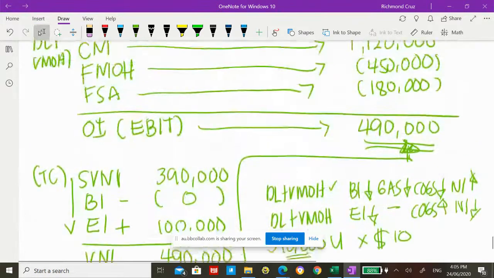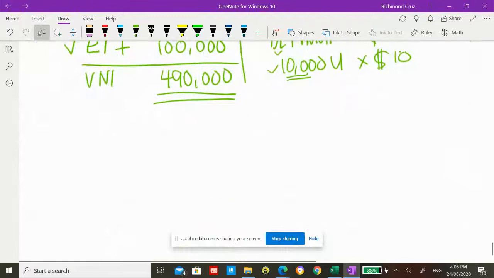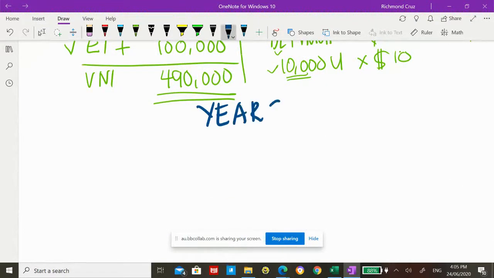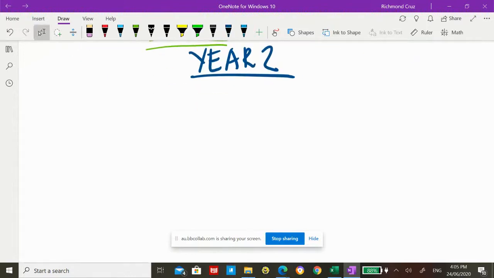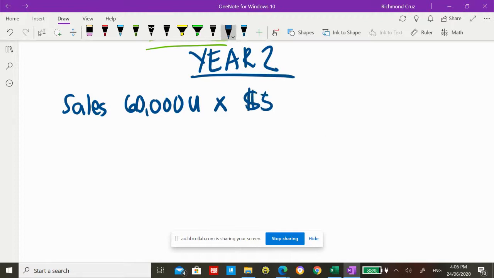Okay, next. For year 2, we have sales again, and this is 60,000 units multiplied by the selling price, and that is 50.